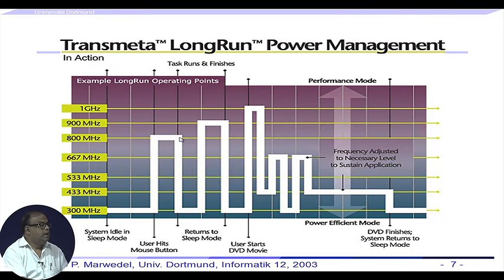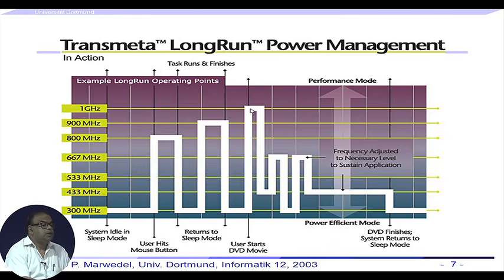Now, the task that was initiated at this point runs and finishes here, right. And then it returns to the sleep mode. Again, something else starts. Here at this point, the user starts a DVD movie.